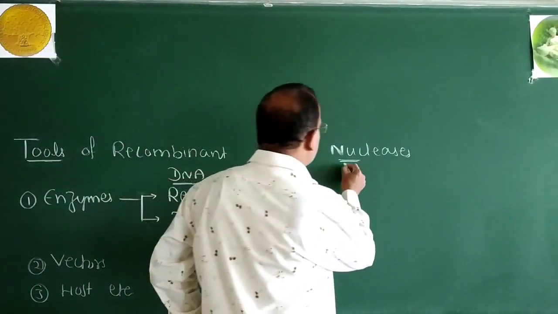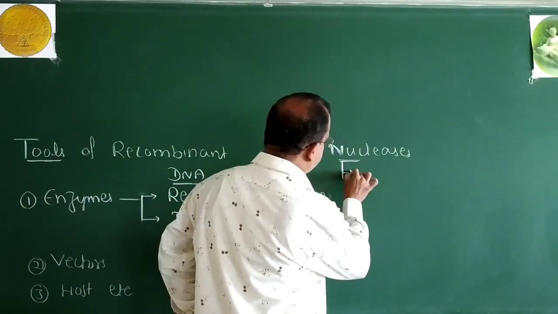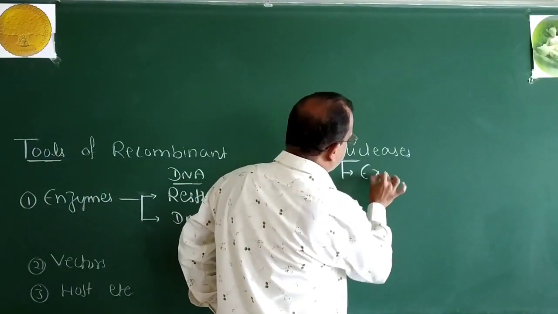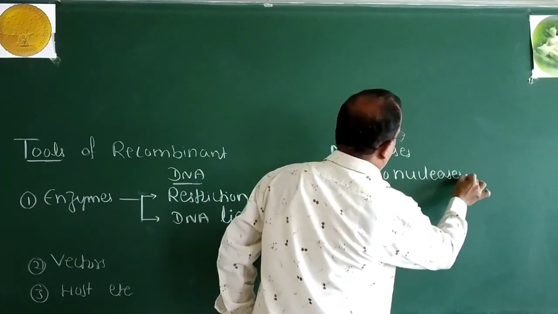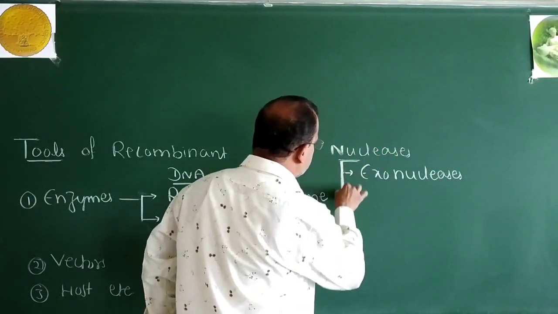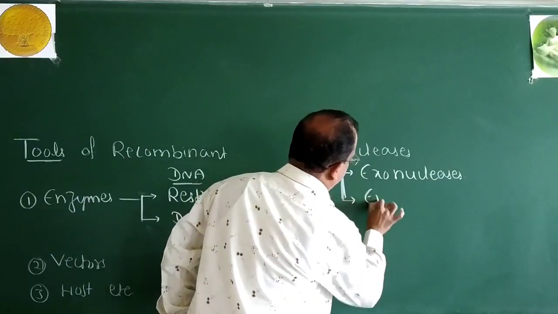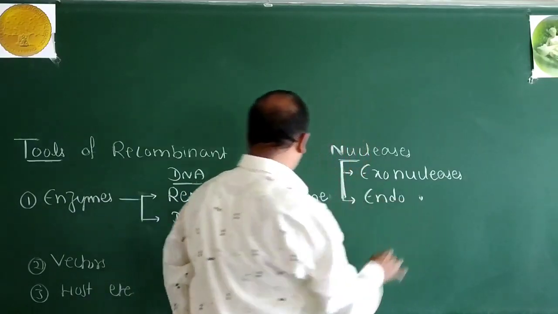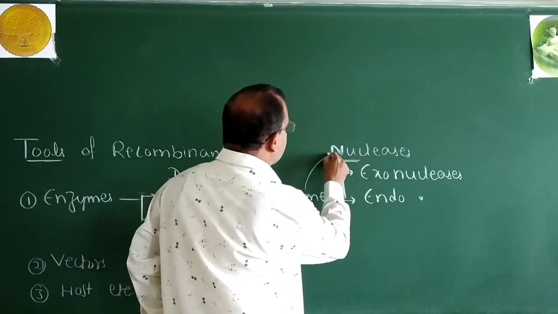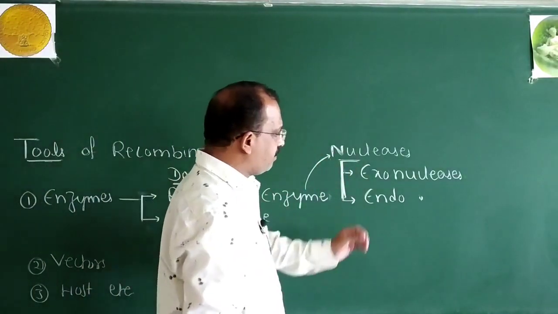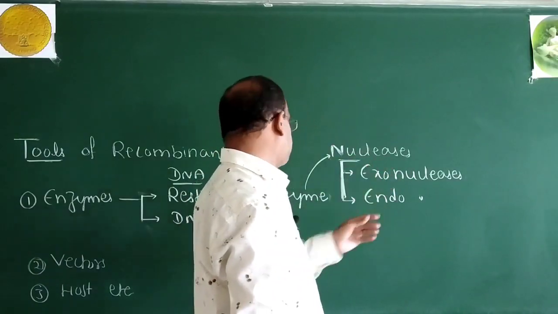They are of two types: exonucleases and endonucleases. Look over here. Restriction enzymes will come under a large class of enzyme known as nucleases.